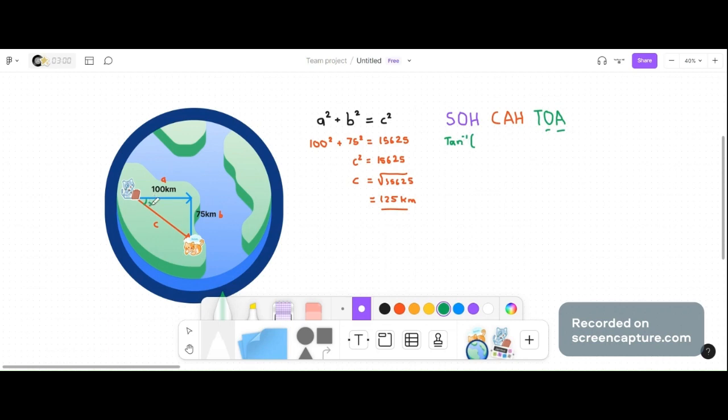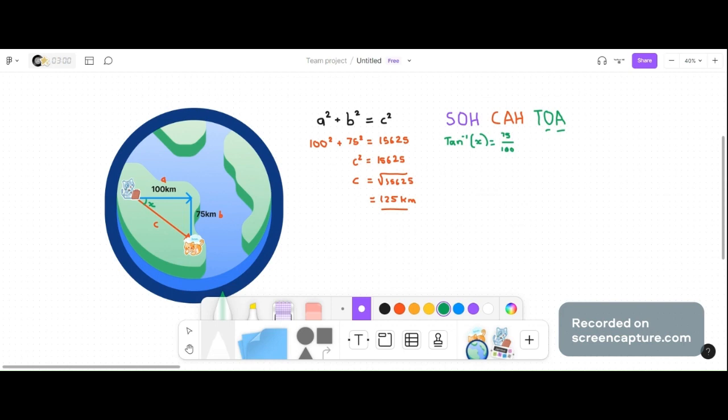So tan of x is going to be equal to our opposite, which is 75, over our adjacent, which is 100. Okay, so putting that in our calculator, we can solve that.